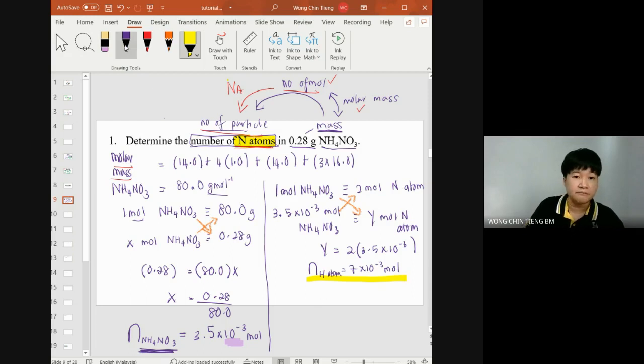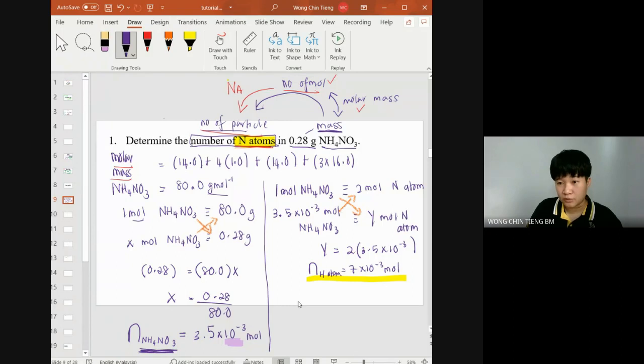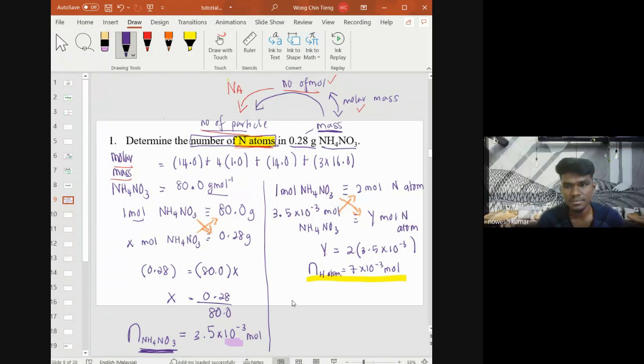Novash, next step. N times with Avogadro, Na. N of H atom times with Avogadro constant. That is how you do. Yes.